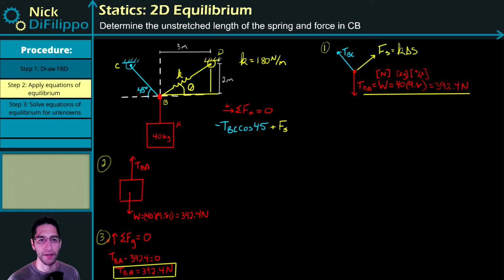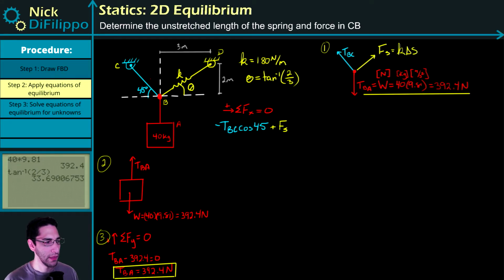Go look at SOHCAHTOA and verify it. But that means theta is going to be the inverse tangent of 2 divided by 3. And that means theta is going to be 33.7 degrees.